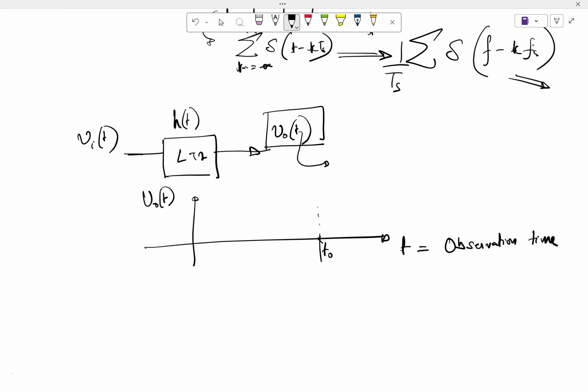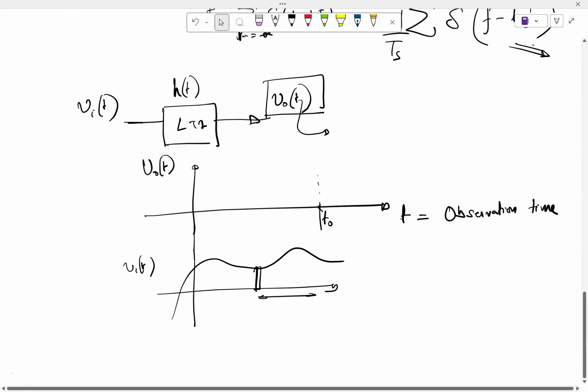Given that I know any signal v_i(t) can be broken down into slivers of impulses, let's say I have a sliver of impulse here. By the way, I am probably jumping ahead a bit.